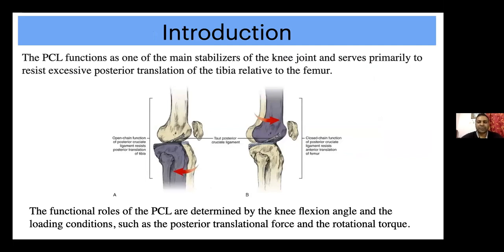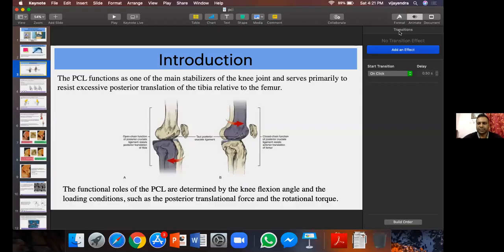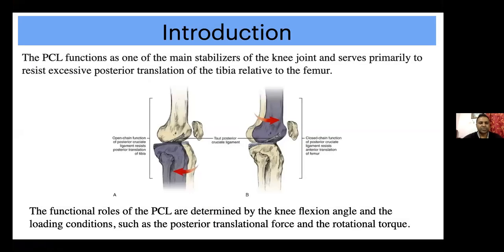Going to the introduction, we all know that the PCL is the strongest ligament in the knee, and its main function is as the main stabilizer of the knee joint, serving primarily to resist excessive posterior translation of the tibia relative to the femur.